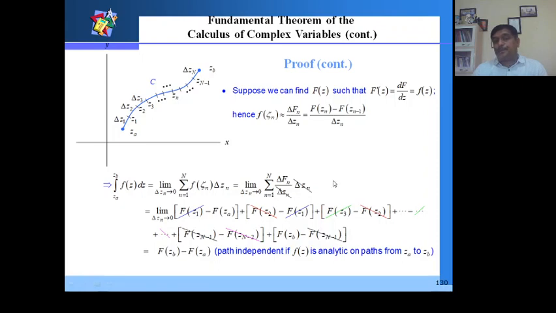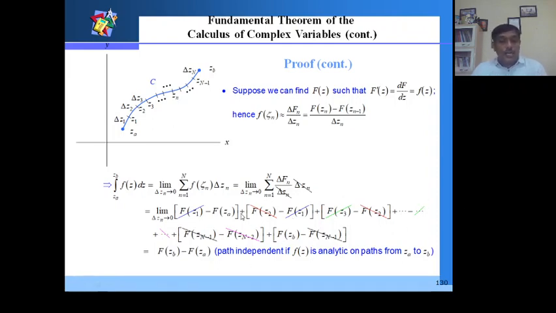If you make an expanded version of this delta Fn, then that becomes F of z1 minus F of za, plus F of z2 minus F of z1, plus F of z3 minus F of z2, etc. Here the previous term is cancelled with this, these two are subtracted, and these three are subtracted from each other.